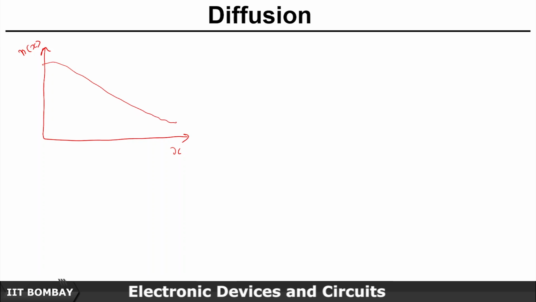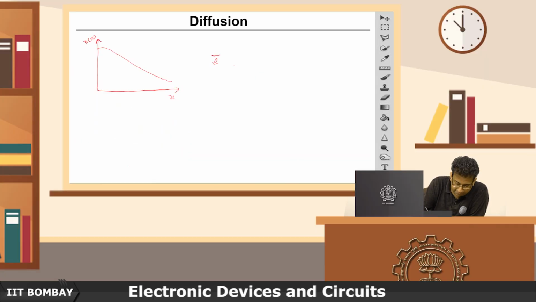To develop some mathematics, this is the profile Nx versus x. Now we can divide this into small parts, let's say L bar on the x-axis. This L bar is the mean free path. As the name indicates, this is the distance between two scattering events.